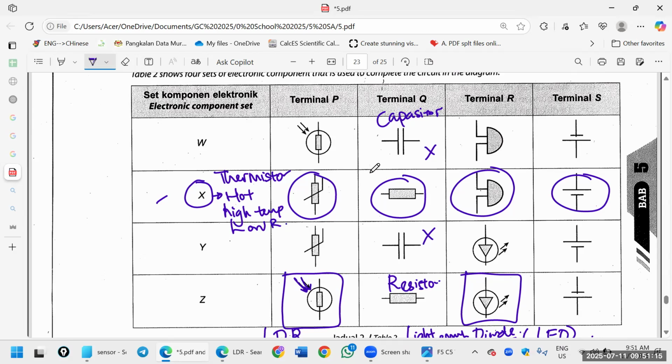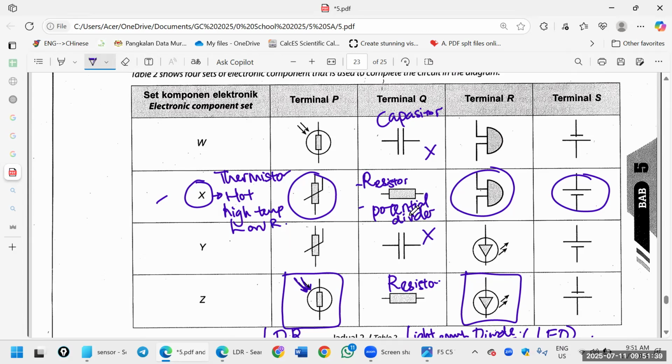Okay, this one is a resistor. Why do we choose a resistor? Because we want to make a potential divider.